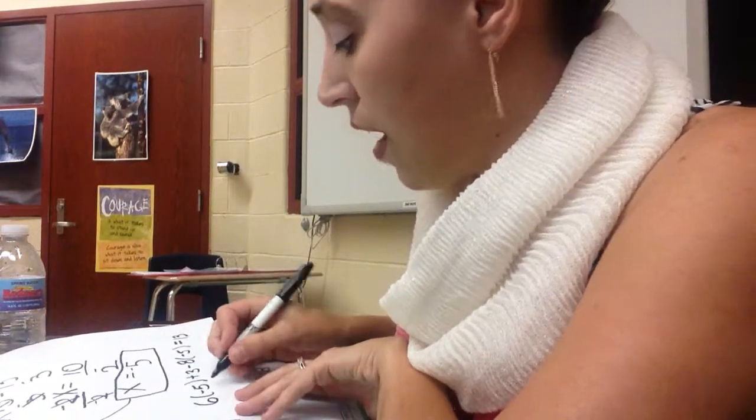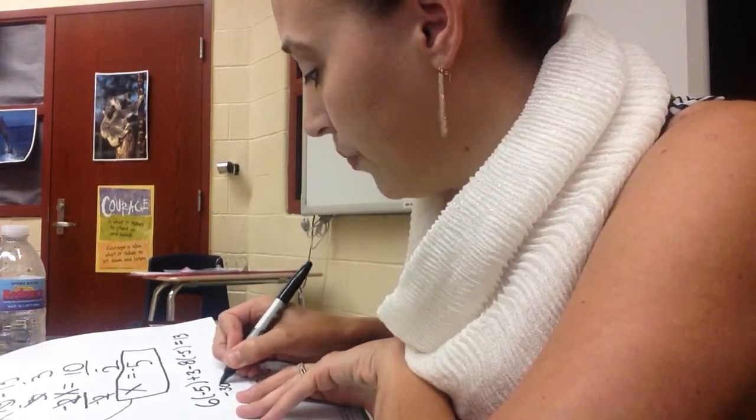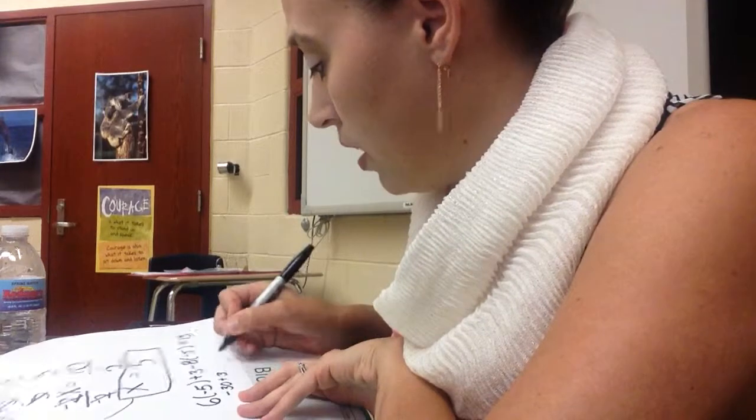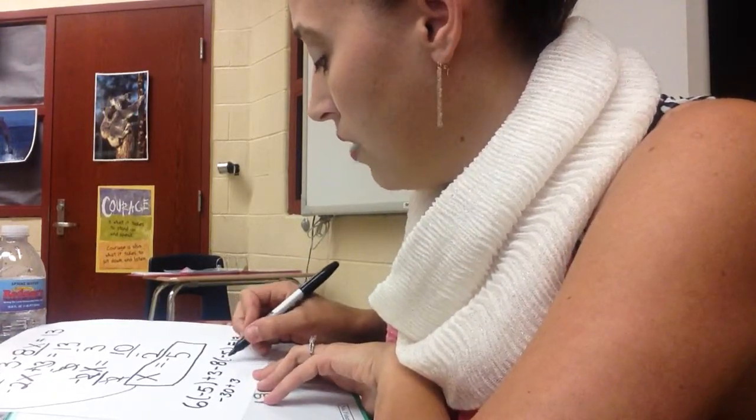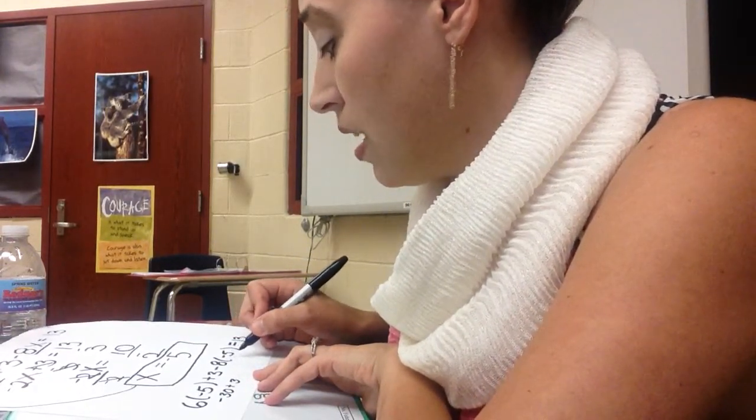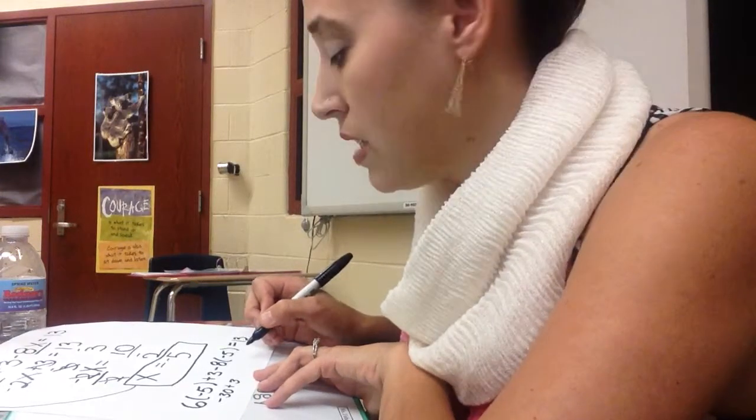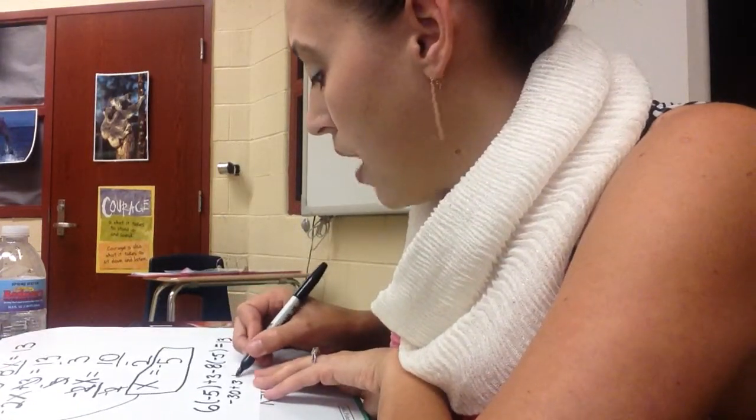6 times negative 5 gives me a negative 30, plus 3, minus 8 times a negative 5, and a negative times a negative is a positive. So now I have a positive 40.